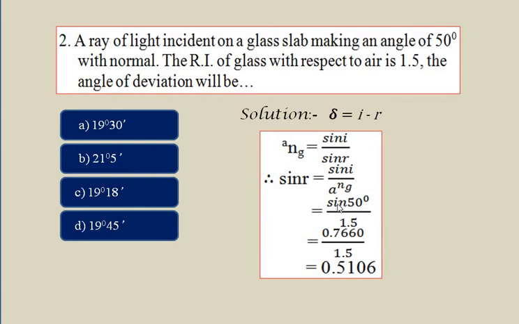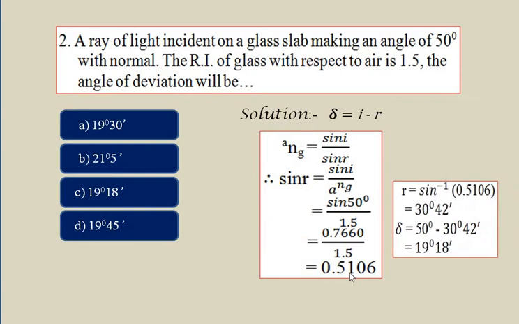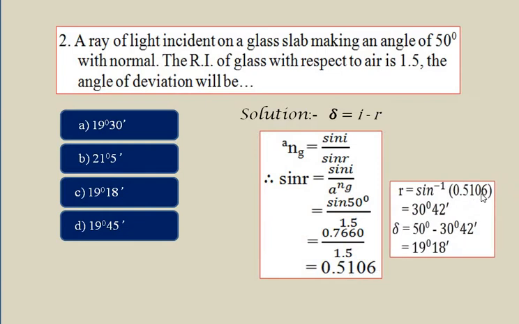Putting the values, the value of sin 50 degree is equal to 0.7660 and the refractive index is 1.5. Calculating, we get the value of sin r is equal to 0.5106, and r is the sine inverse of 0.5106.